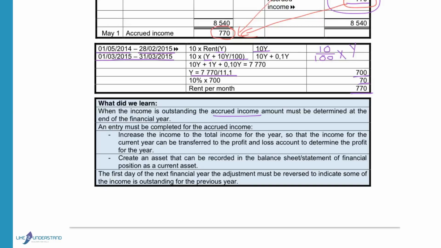Increase the income to the total income for the year so that the income for the current year can be transferred to the profit and loss account. So we will always transfer the correct amount when there are no prepayments and no accrued amounts. Then we create an asset and we show that asset in the balance sheet as a current asset. On the first day of the financial year, the adjustment must be reversed to indicate the income is outstanding for the previous year.